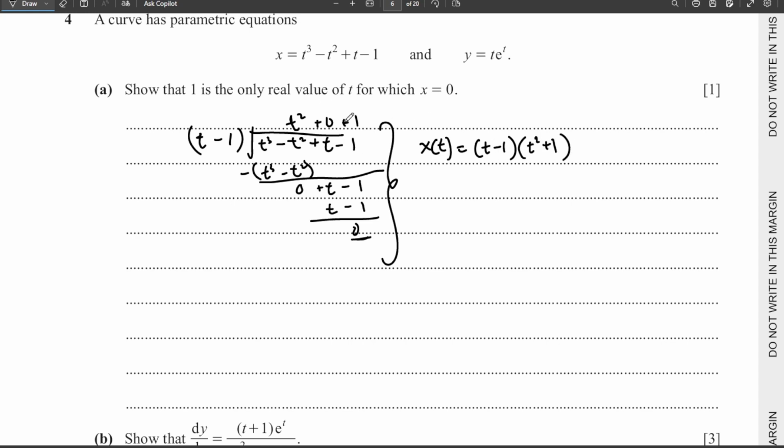Obviously, you know that t squared plus 1 has no real roots. So as long as you prove this, you should be fine: the only real root is here. Okay, so that's part A.